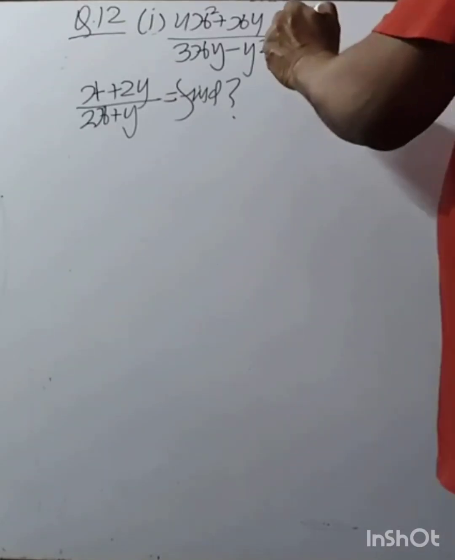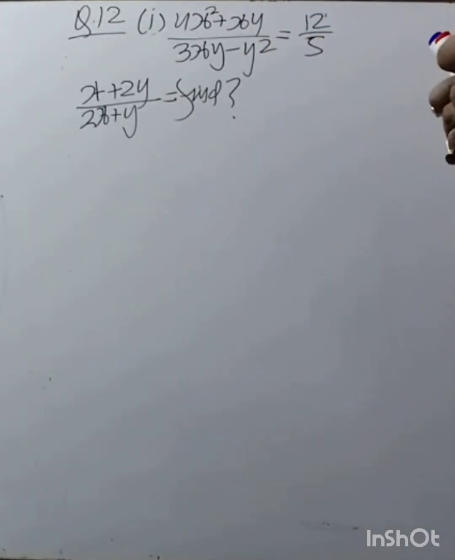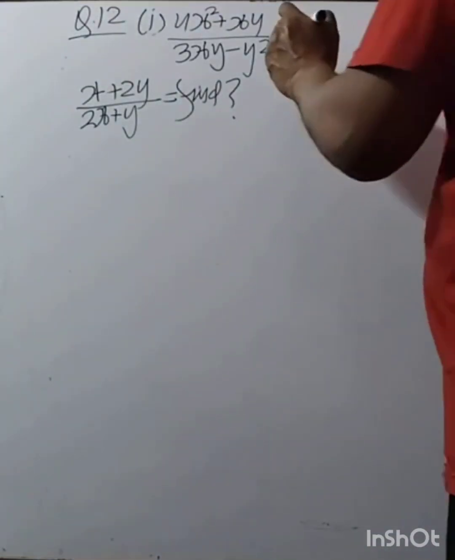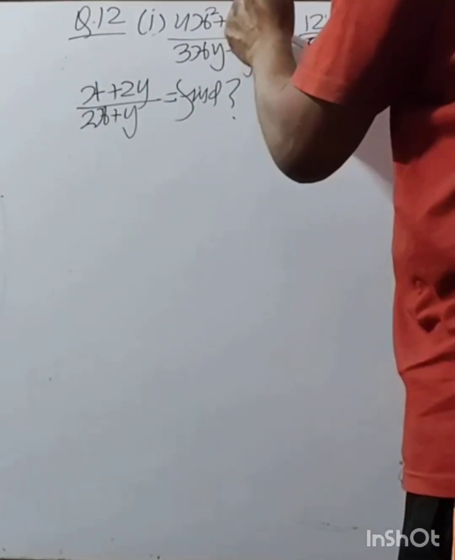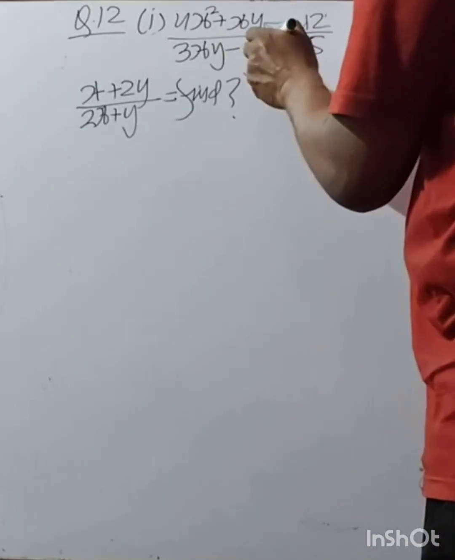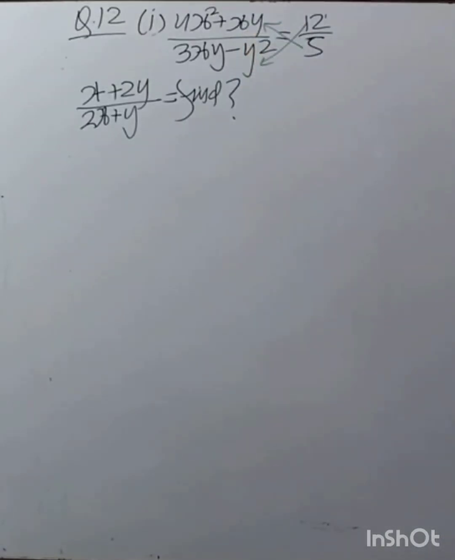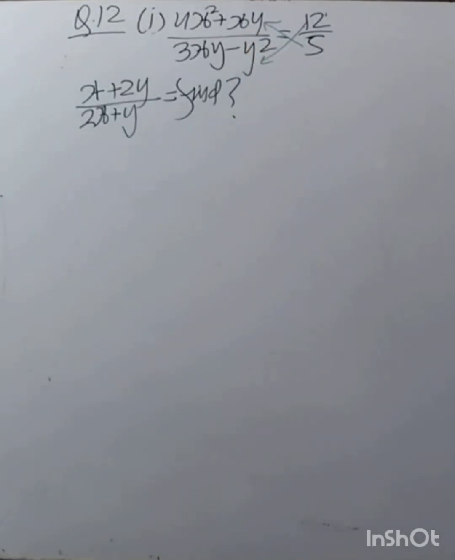Again you cross multiplied it. You make multiply with this and you make multiply by this. Right? So how much you will get?